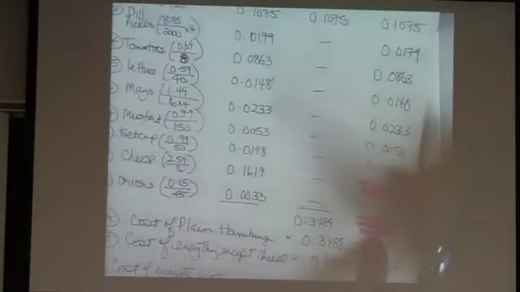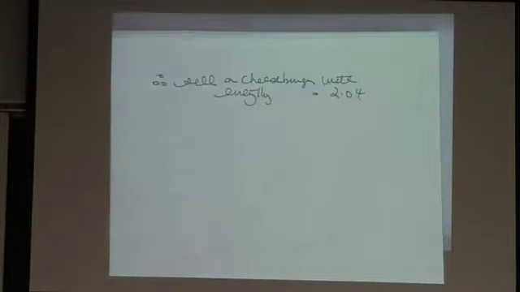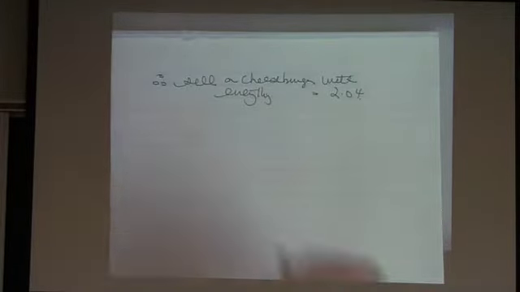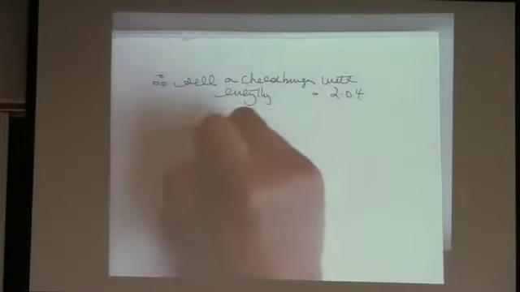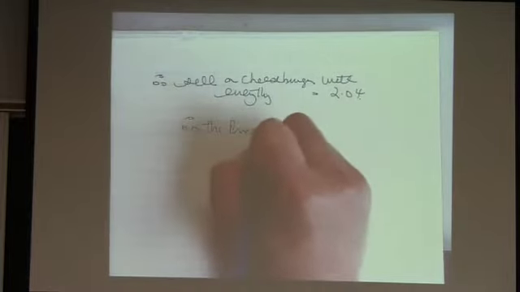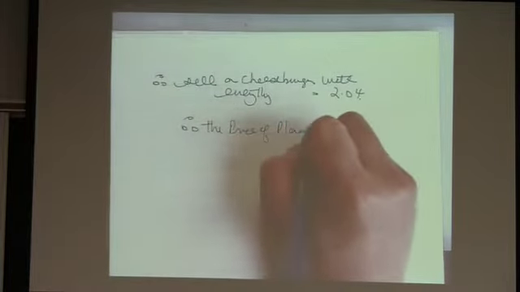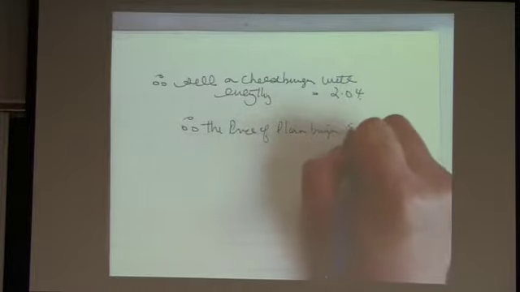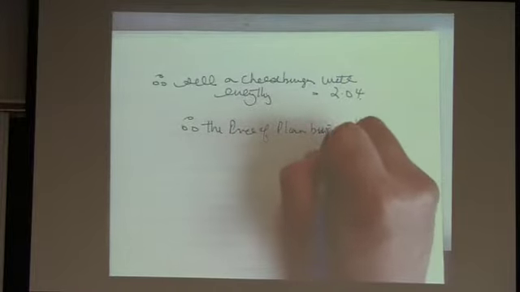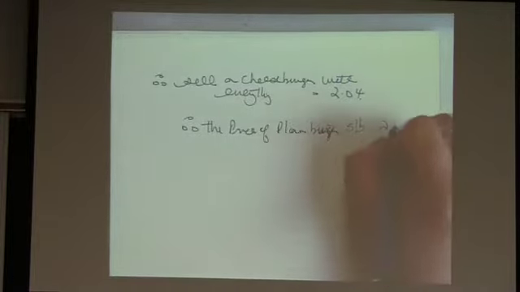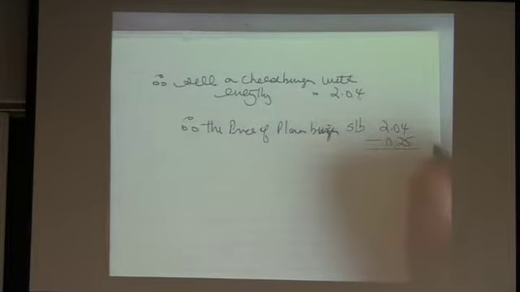We took 0.6815 times 300%. Okay, therefore, the price of a plain burger should be 2.04 minus 25 cents. It's $1.79.